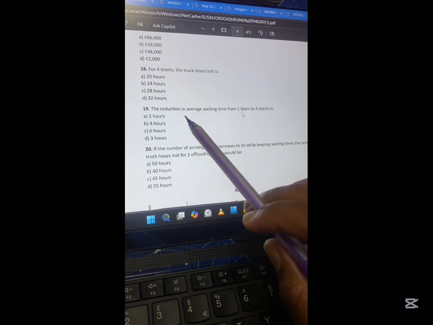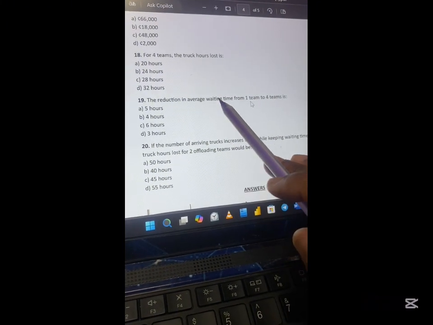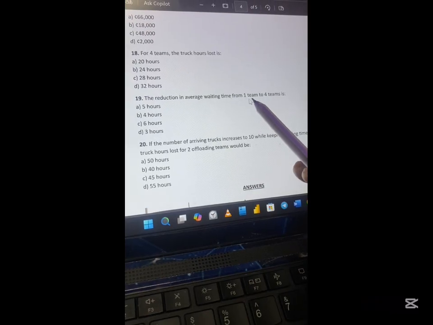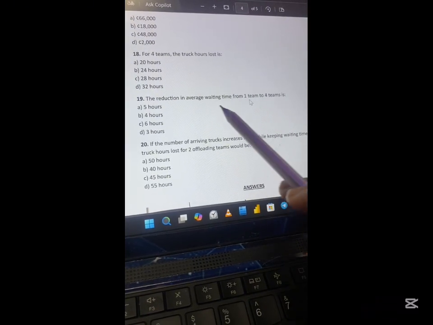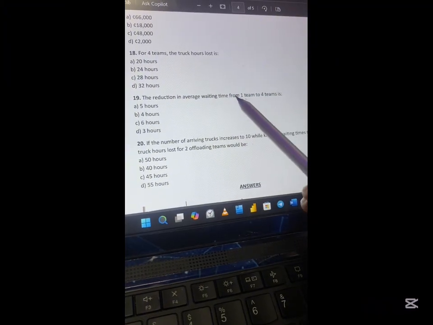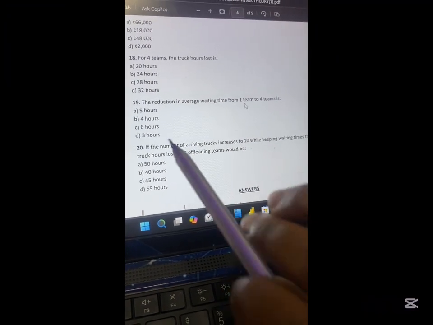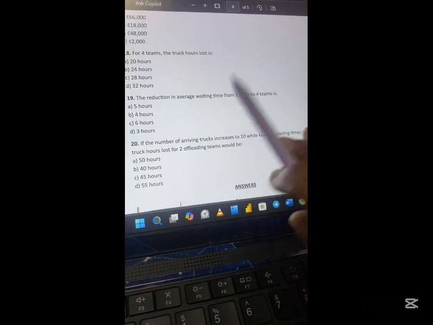So question 19 asks the reduction in average waiting time from 1 team to 4 teams. So how much will the average waiting time be reduced if you move from using 1 team to using 4 teams? So we are looking at the waiting time.